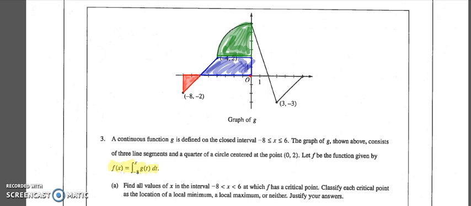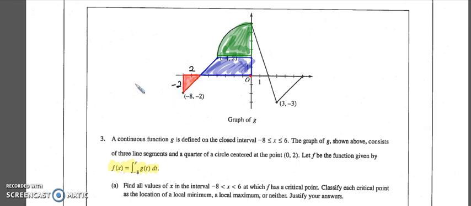One thing to notice is that this triangle is underneath the x-axis, so it's going to be negative. Or one way to see it is that the base of this triangle is going to be positive 2. However, the height is negative 2.